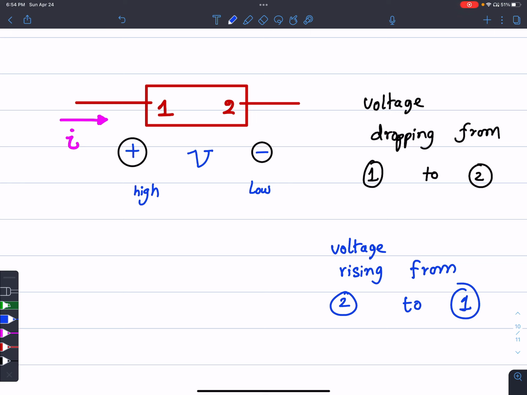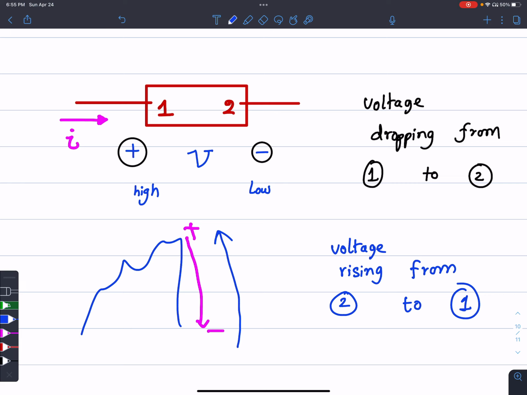Very simple idea. If you have to climb down a mountain from a higher potential to a lower potential, you are losing your potential energy. On the other hand, if you're going in the opposite direction, you're gaining potential energy.